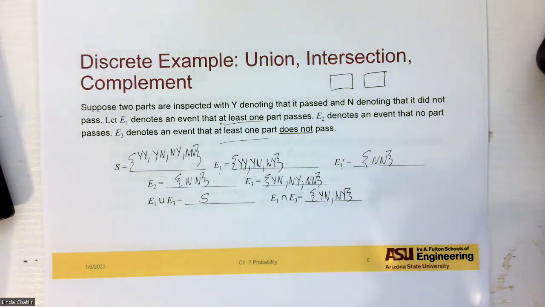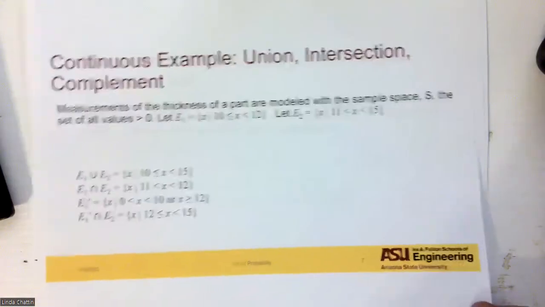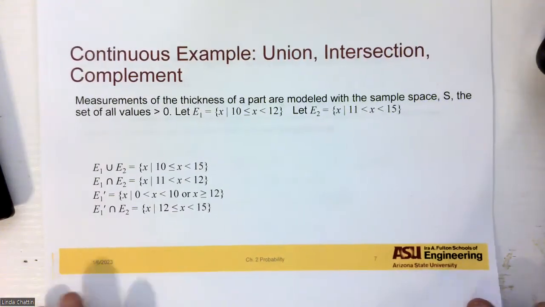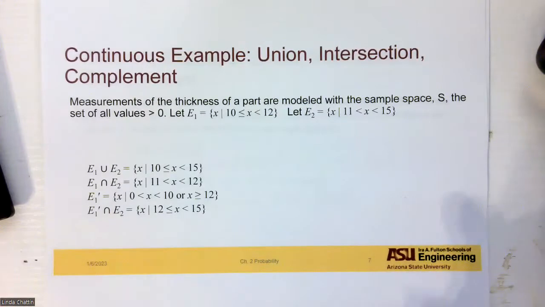Now, I said we're pretty much going to be sticking to discrete examples, but here's one exception here. This is a continuous example: union, intersection, and complement. So we've got the sample space S. It's going to be the set of all values that are strictly larger than 0.